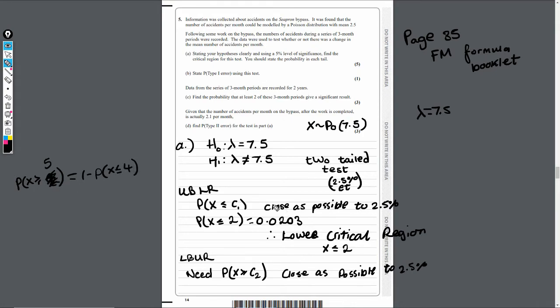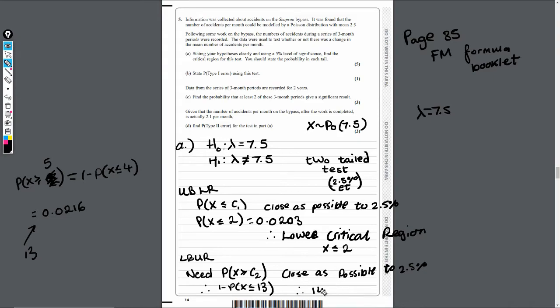So, doing the same now, I get my value here of 0.0216, okay? Now this is when it's 13. So my actual probability for this must be X being greater than or equal to 14, right? Because it's going to be 1 minus the probability of X being less than or equal to 13. So therefore, it must be 14 for my critical region.